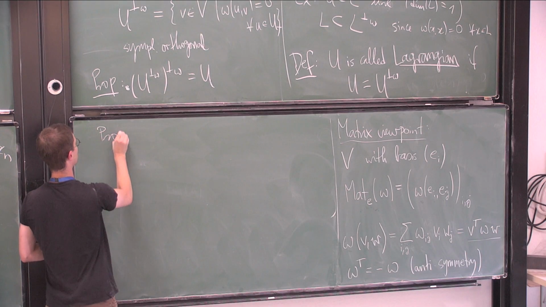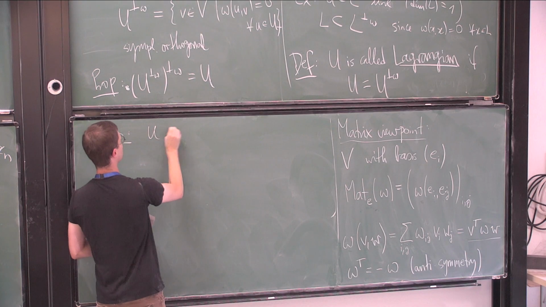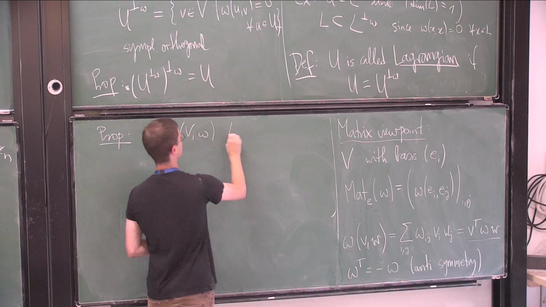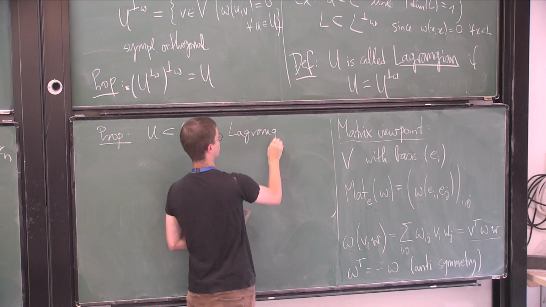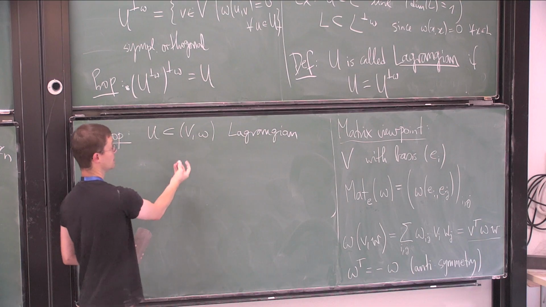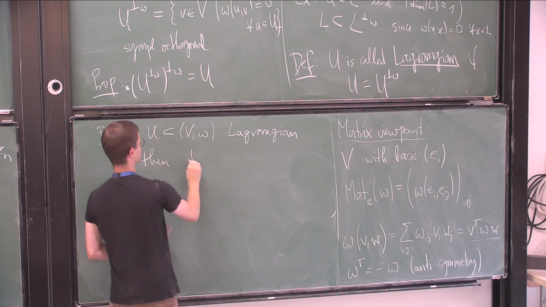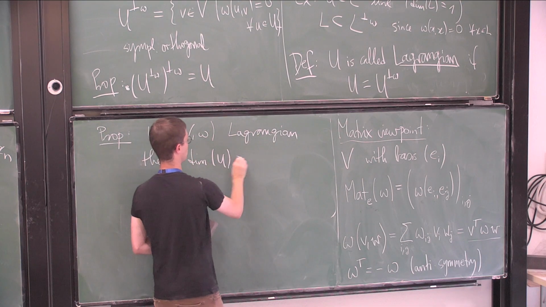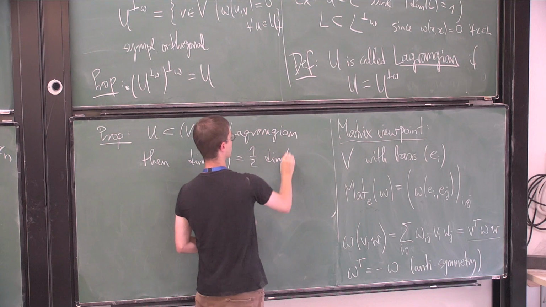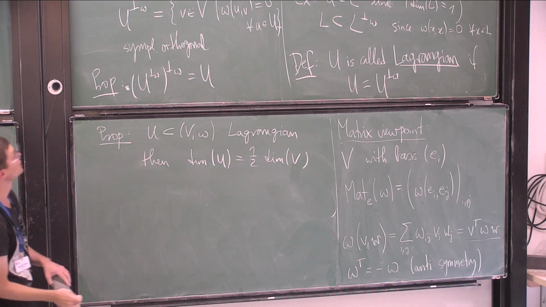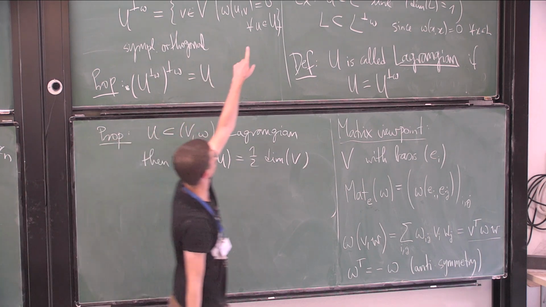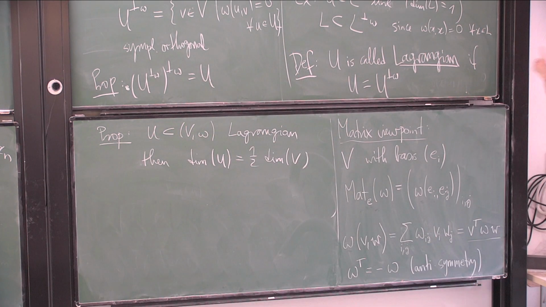Property: if you have U inside of V and U Lagrangian, we have already seen that the dimension of V is even, so the dimension of U will be one half the dimension of V. This comes from the dimension formula: dimension of V equals dimension of U plus dimension of U orthogonal. If U orthogonal is U, it's immediate that the dimension of U is one half the dimension of V.